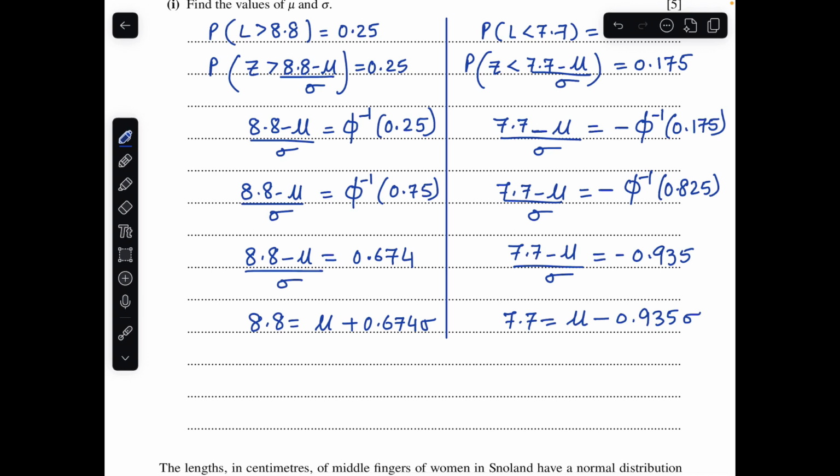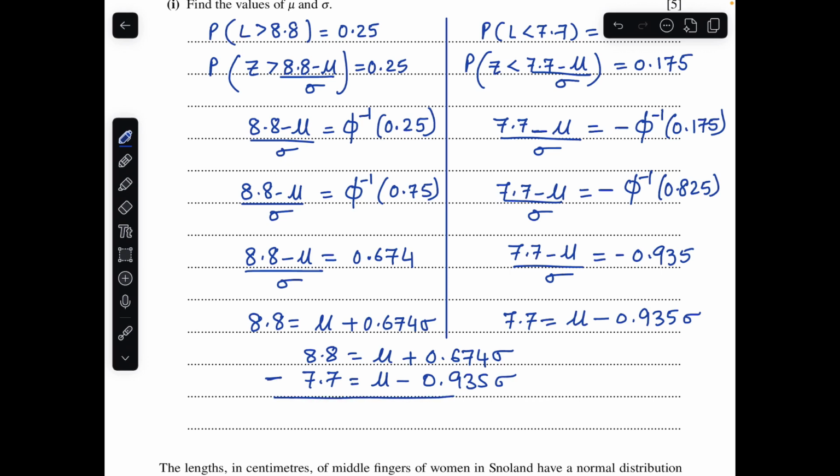Let's solve these two equations simultaneously. If you solve them simultaneously, 8.8 equals mu plus 0.674 sigma, and 7.7 equals mu minus 0.935 sigma.